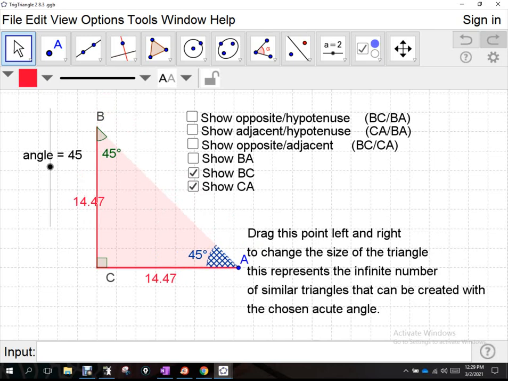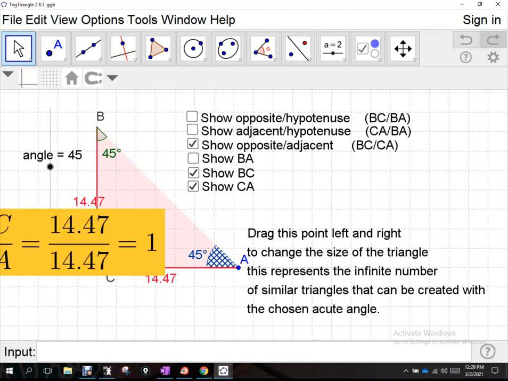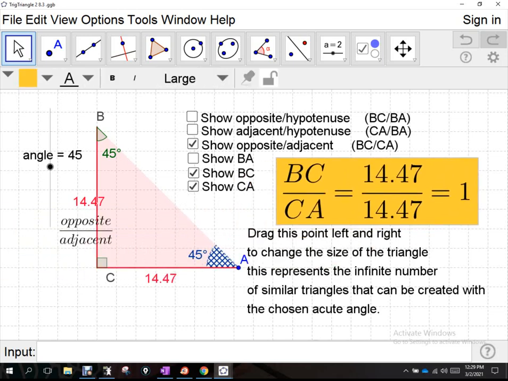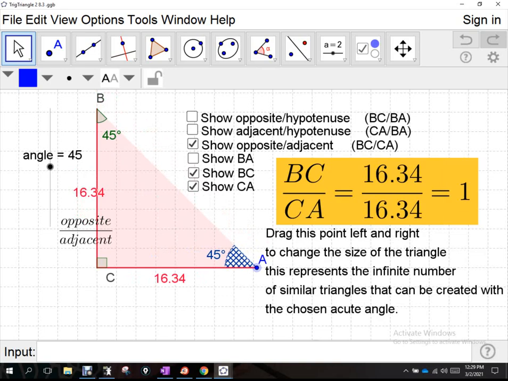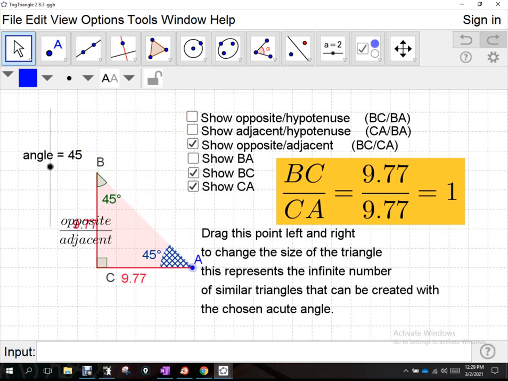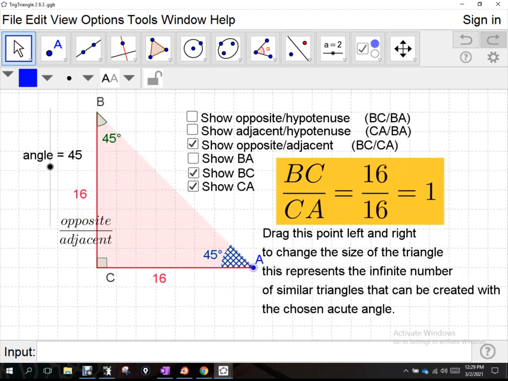You get 1, right? So let me show you that algebra here. As I move these, different triangles, different values here, right? But their quotient always ends up being 1. Does that make sense?